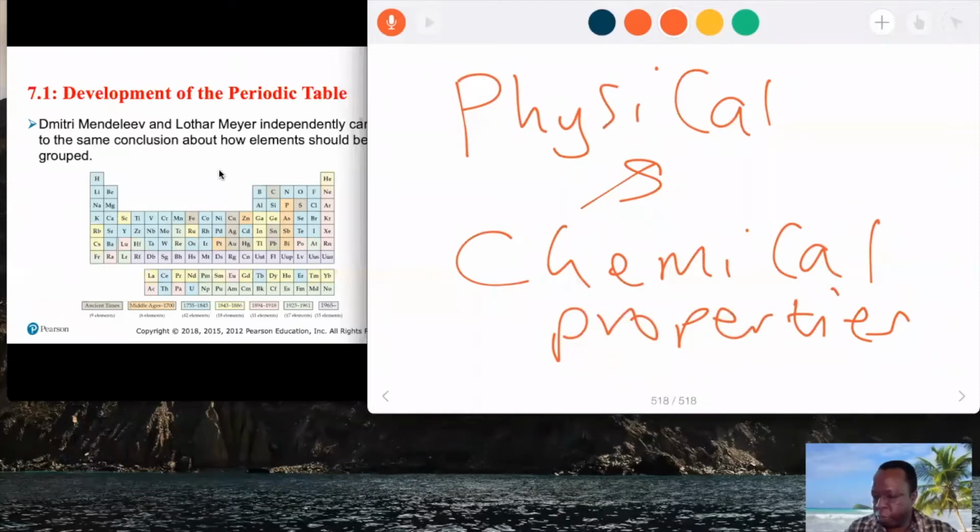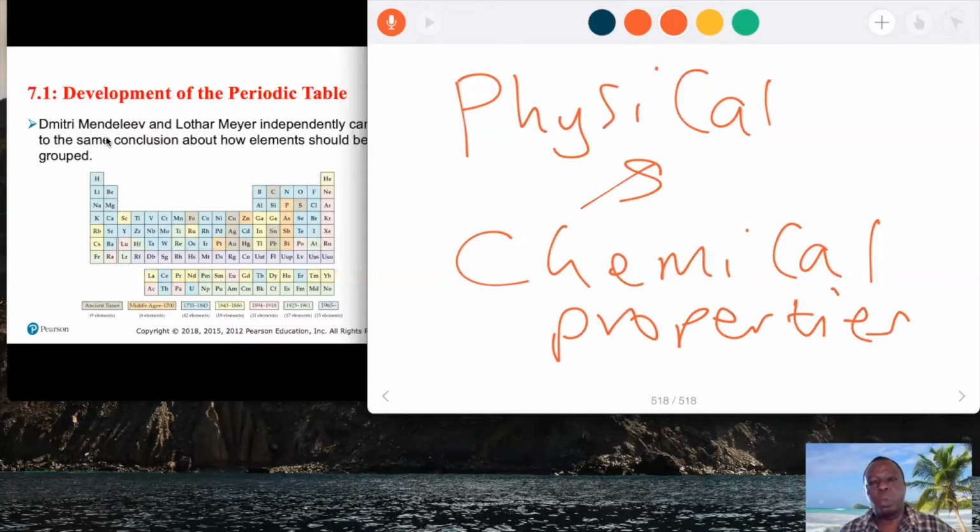And you'll see quite often two gentlemen being mentioned. Dmitri Mendeleev was a Russian chemist, credited with organizing the modern periodic table the way it is. There was a German scientist also who came up with almost the same thing at the same time as Dmitri in organizing the modern periodic table, but you will not see his name mentioned as often because of one reason.